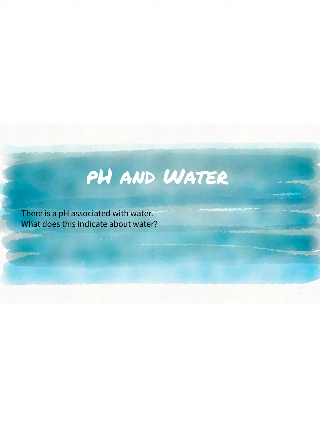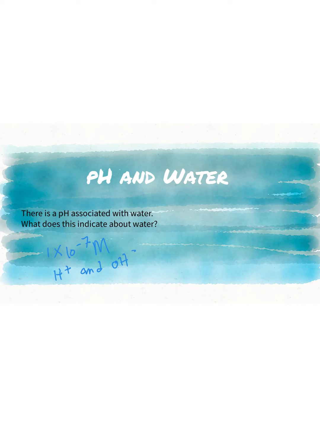Okay, so we started this conversation about water and pH. The question here says there is a pH associated with water. What does this indicate about the water? Remember, we started with the fact that pure water has 1 times 10 to the negative 7 molar H plus and OH minus.